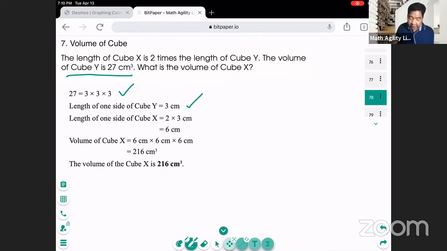And then it says here cube x, since it's twice the length of cube y, so 2 times 3 would be 6 centimeters. So the volume of cube x would be, again, the triple 6 times 6, or 6 cubed, which would give 216 cubic centimeters. So the answer is 216 cubic centimeters.